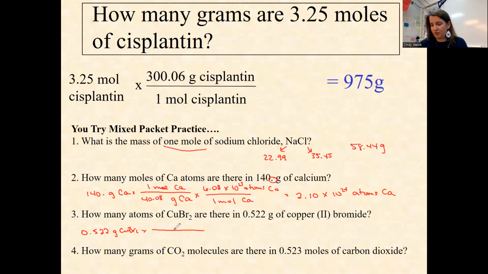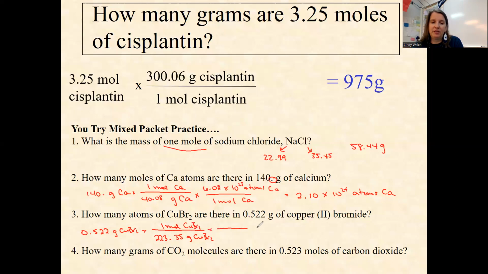Hang on, I put 2 times signs in front of a plus sign. Okay. So 223.35. So the molar mass goes down here. Grams of CuBr2. We have 1 mole of CuBr2 up here.